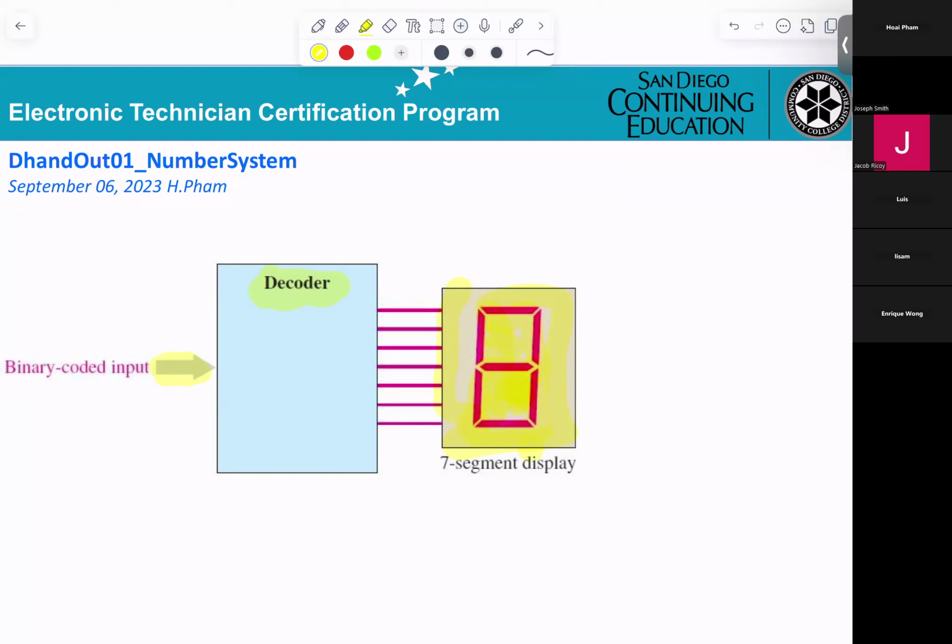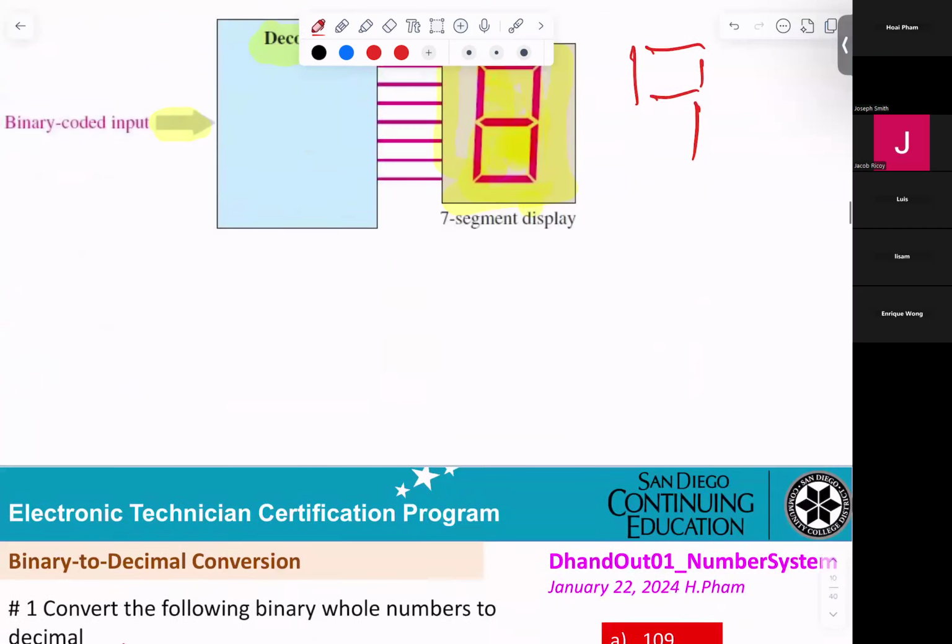Does it change itself, or do we have to do a program on that? They will generate number 9. One is for computer science, another one is for humans. That's why they're using segments.